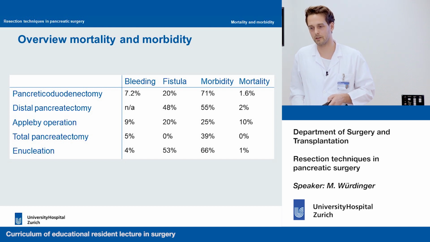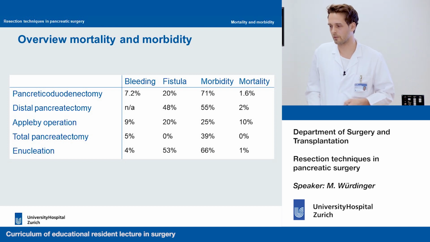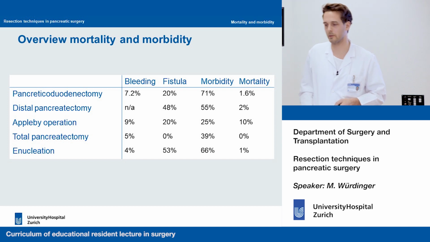It is quite high in distal pancreatectomy and in enucleation, with over 50%. The morbidity is high in all procedures, about 2/3, with the exception of the total pancreatectomy, which has the mentioned sequelae. And the mortality rates are rather low nowadays, with the exception of the Appleby procedure, with over 10% due to liver ischemia.